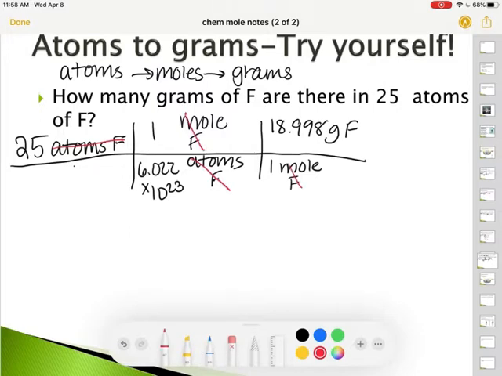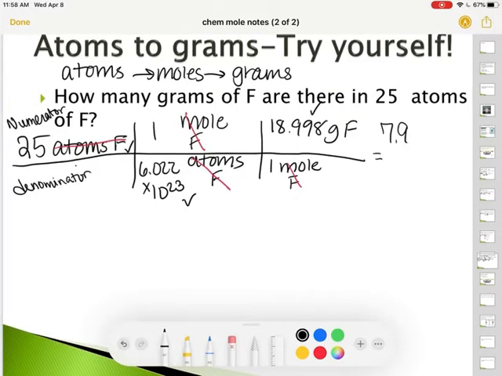The term moles cancels out. And my unit would now be grams. So 25 divided by 6.022 times 10 to the 23rd times 18.998, because this is the numerator of my fraction and this is my denominator. Okay, so I get 7.9 times 10 to the negative 22 grams of F.